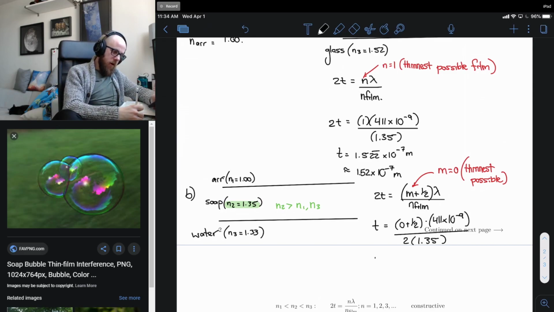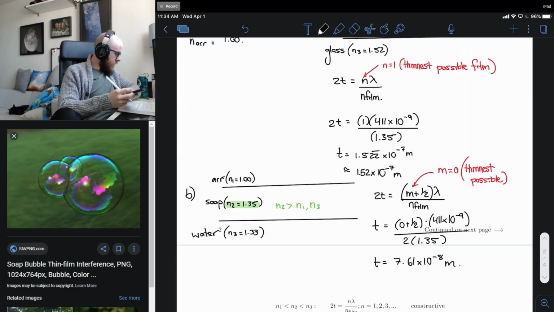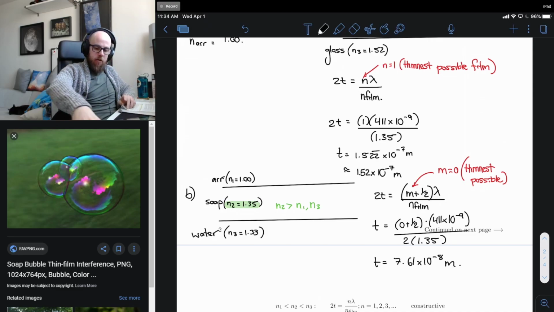I get a value of 7.61 times 10 to the negative 8 meters. Okay. All right, I'll take a pause there.